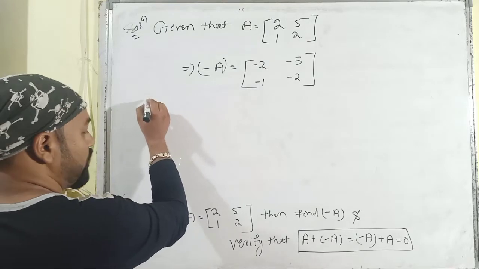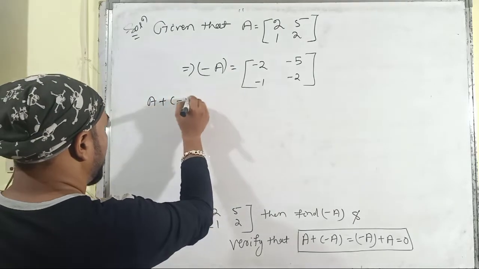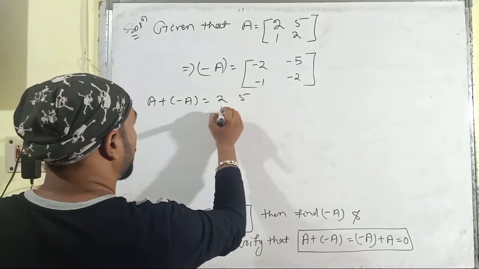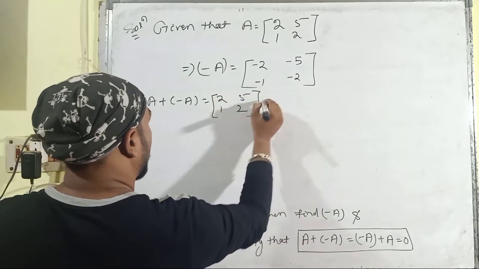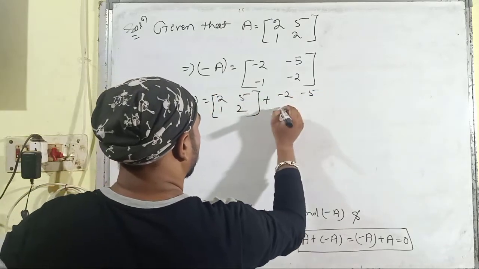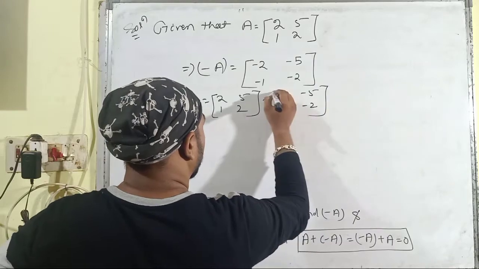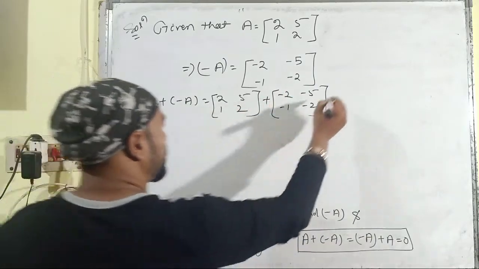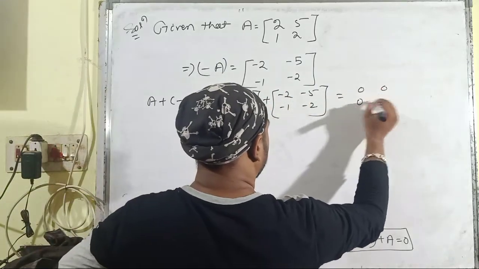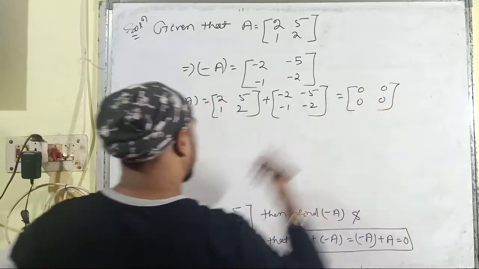So first of all we have to go through the sum of A and minus A, that is [2 5; 1 2] added with [-2 -5; -1 -2]. 2 plus minus 2 is 0. So here you can evaluate all the elements are 0.